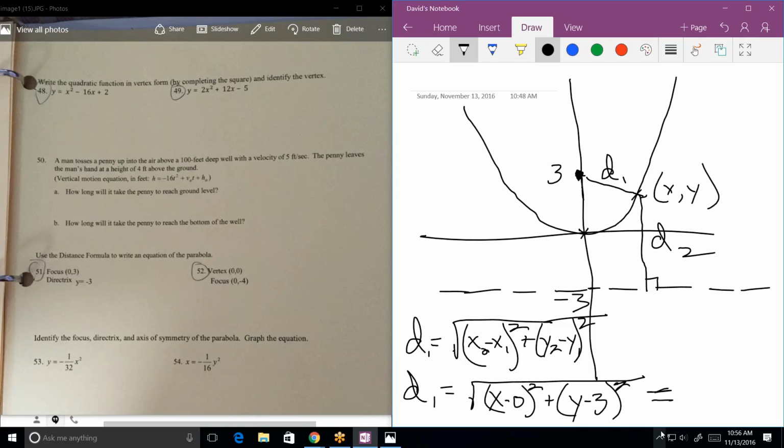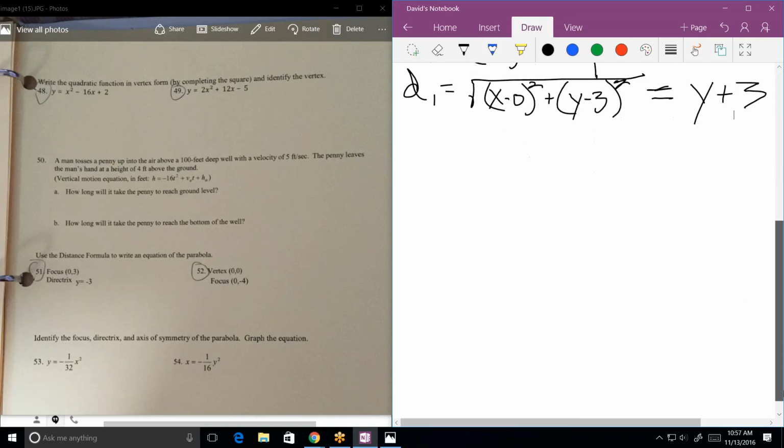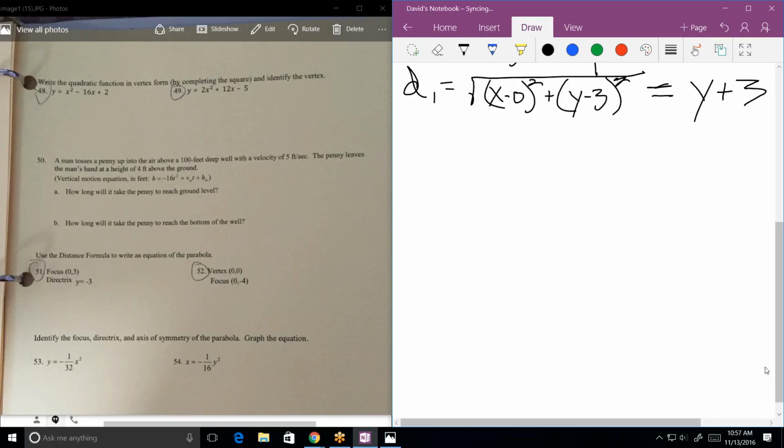There's no movement in the x direction, so the only distance is from that spot, which is y, minus a minus 3. So that distance is y plus 3. Like I said, this is not a particularly easy problem to do, but now we're there.